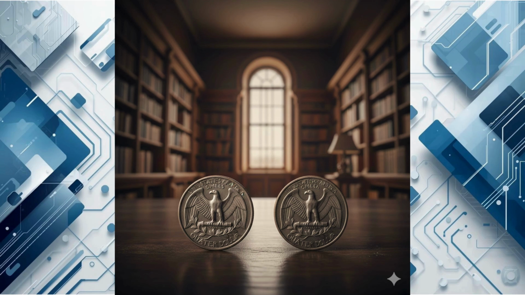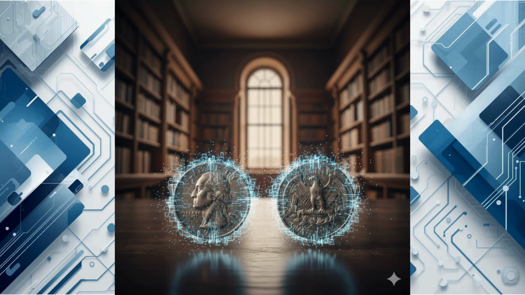Let's say the invisible link is so deep that the two coins behave in this way even if they are miles apart. In other words, both coins share a single existence.